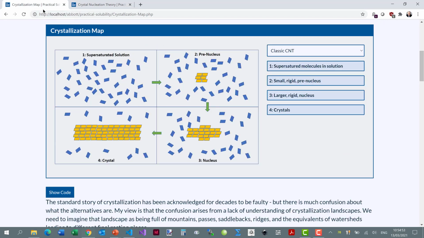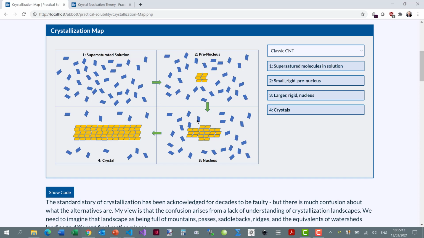Now, I will start this map describing CNT, classical crystal nucleation theory. You have a supersaturated solution with the solute in it. And somehow a pre-nucleus appears. Enough of these things come together one by one to create this pre-nucleus.